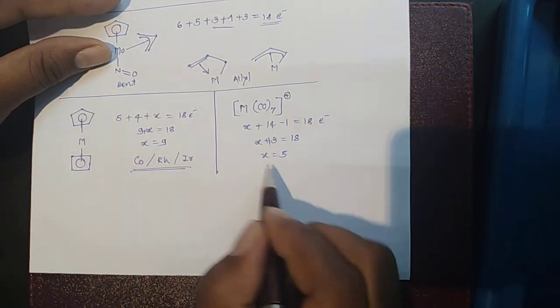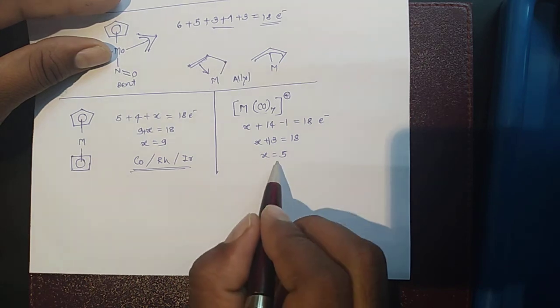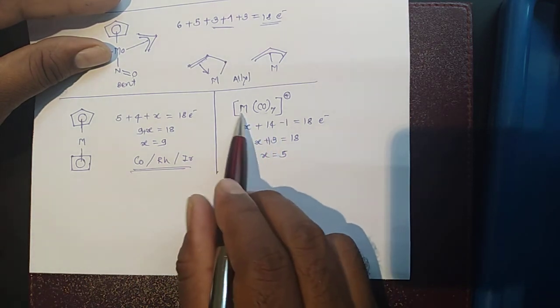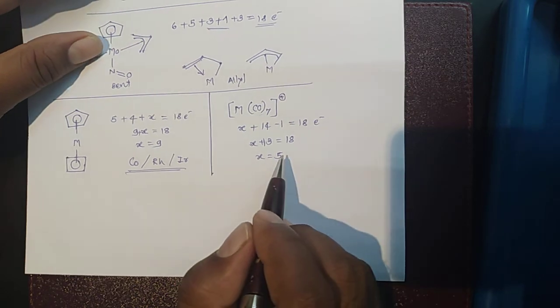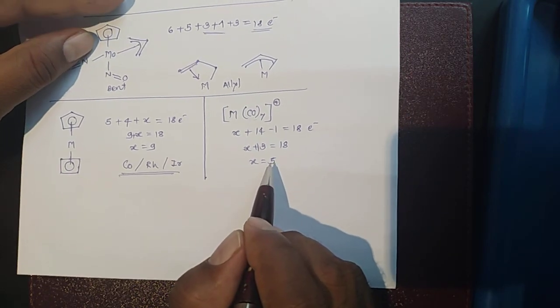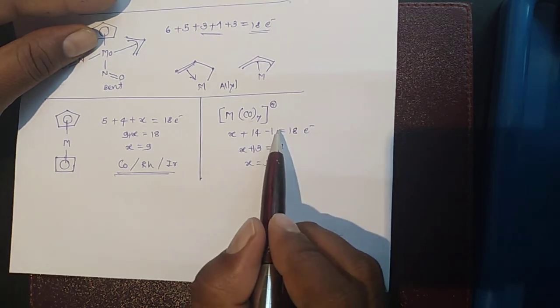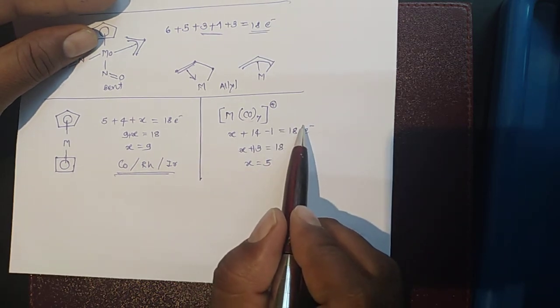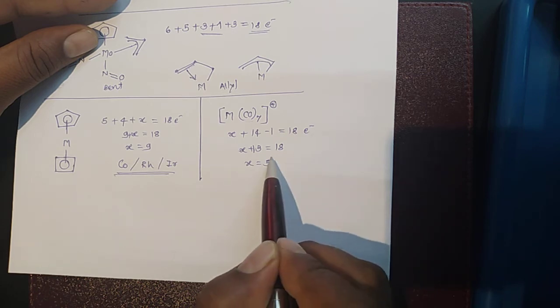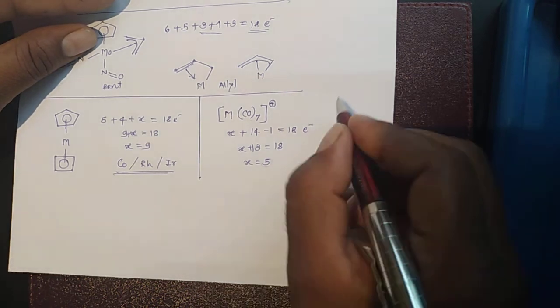Understand? So this metal will provide 5 electrons. So 5 means which metal? Check with your list. Yes, because scandium provides 3 electrons, titanium provides 4 electrons, so vanadium will provide 5 electrons.